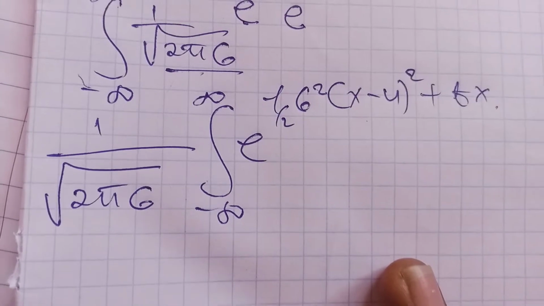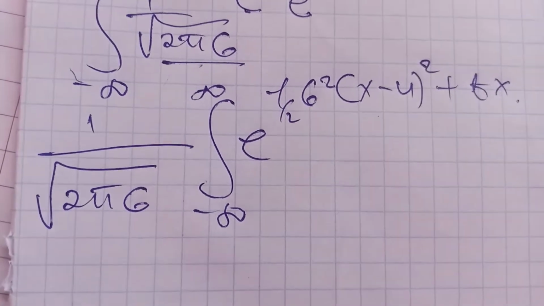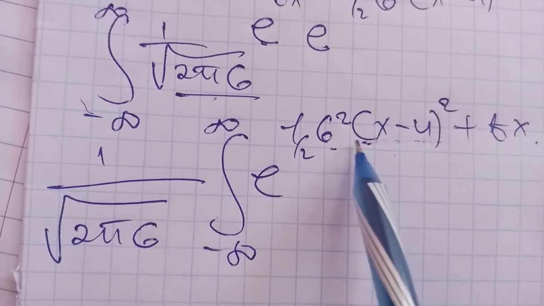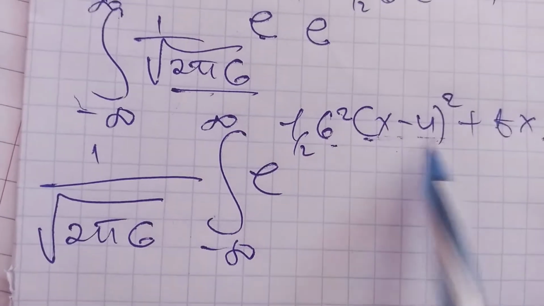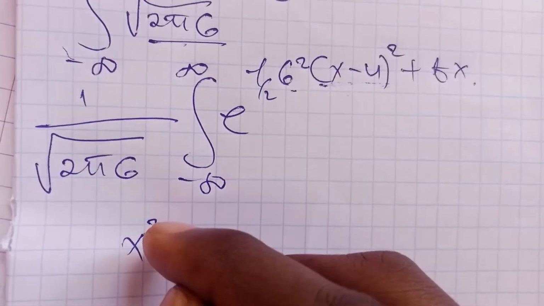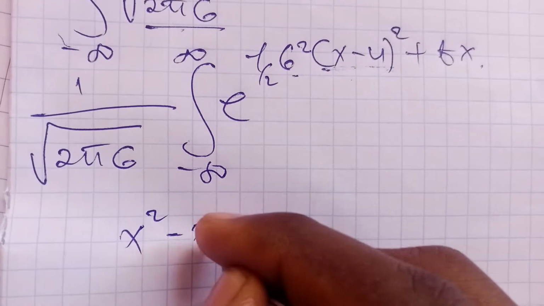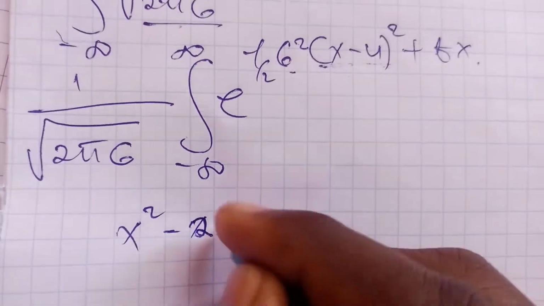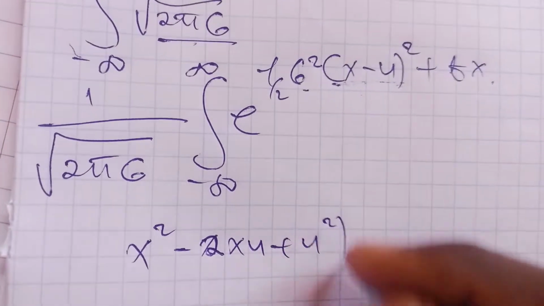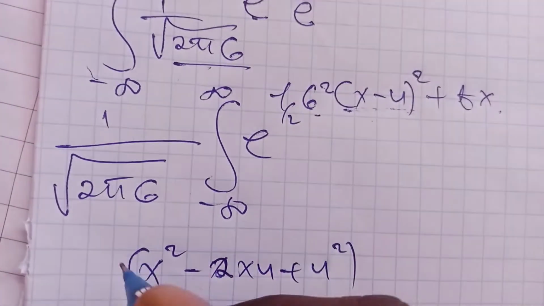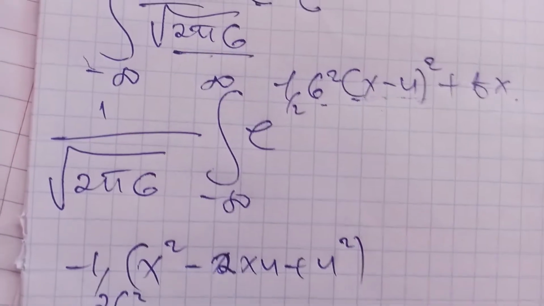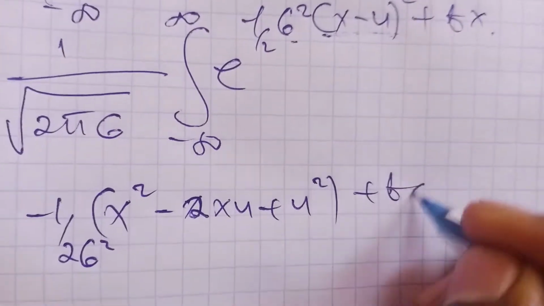After doing that, you can now work out this. You are going to get x squared minus 2xu plus u squared, then there is a negative half sigma squared, then plus tx.